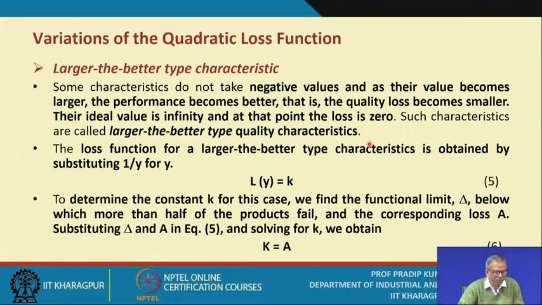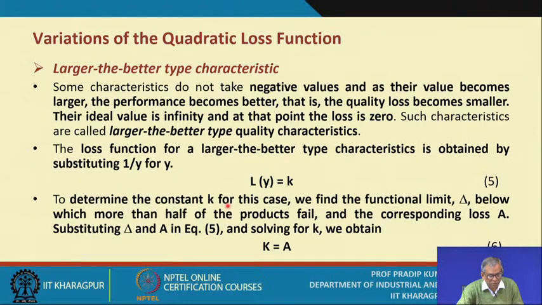There are many such examples. The loss function for a larger the better type characteristic is obtained by substituting 1 upon y for y. So this is L(y) equals k into 1 upon y square.